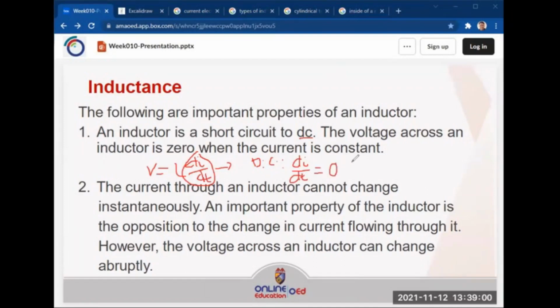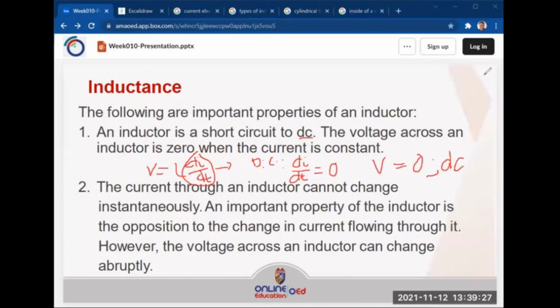The current is constant. Again, in DC, the voltage and the current are both constant, so the change is 0. So the voltage of an inductor in DC is 0. Alright? So I'll clear this one.